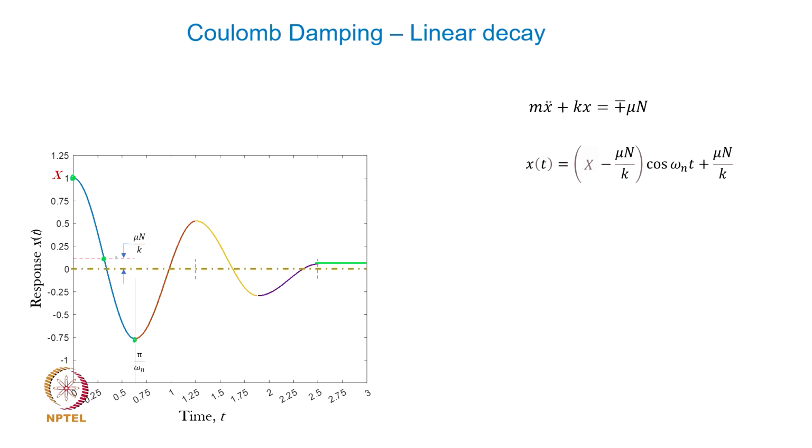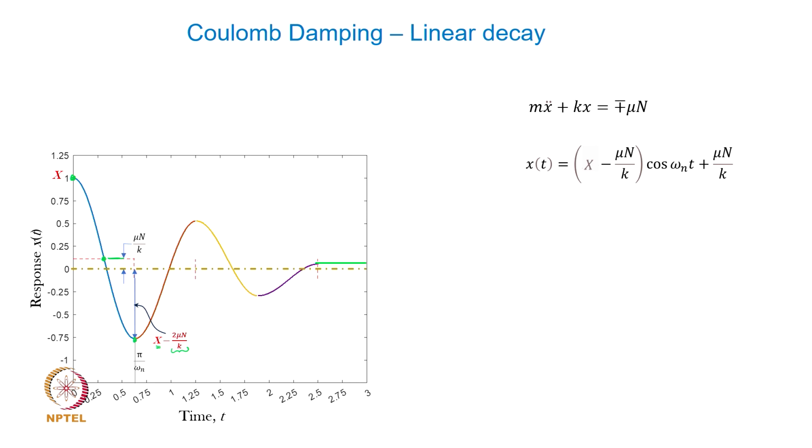So, it is a cosine function about this particular level, and on the other side the amplitude gets reduced to x minus 2 mu n by k. That means the original amplitude x gets reduced by a value equal to 2 mu n by k, right.